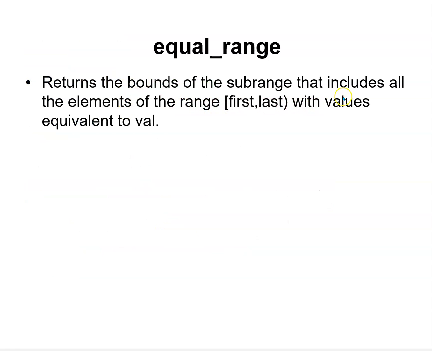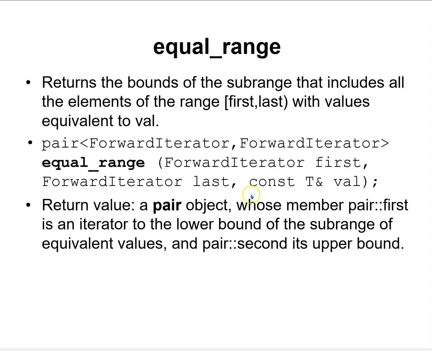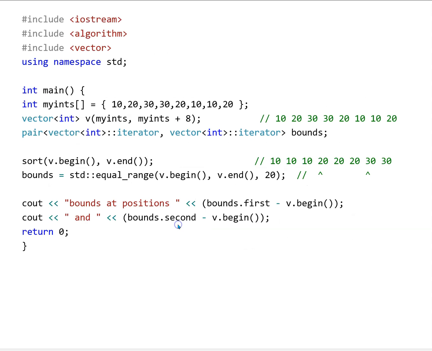Equal range returns the bounds of the subrange that includes all the elements of the range with values equivalent to that. So we run through, and return a pair of objects whose member pair first is an iterator to the lower bound, and pair second is its upper bound.